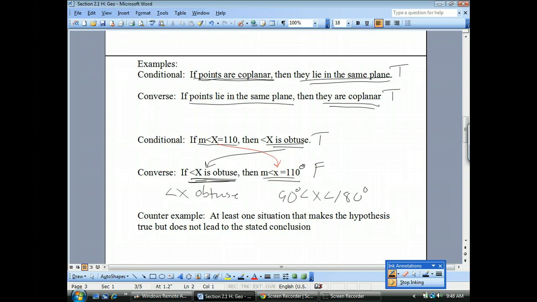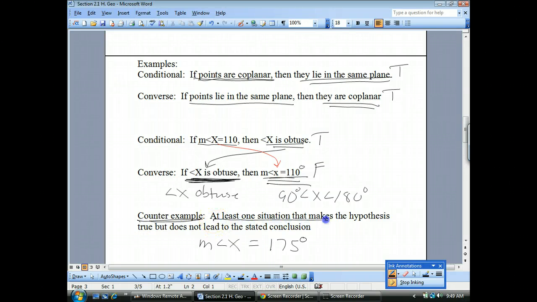Okay? And so if I say, well, the measure of angle x equals 175 degrees, well, that meets this condition. It is obtuse, but is the measure of angle x exactly equal to 110? No. So if angle x is 175 degrees, that is what we call a counterexample.